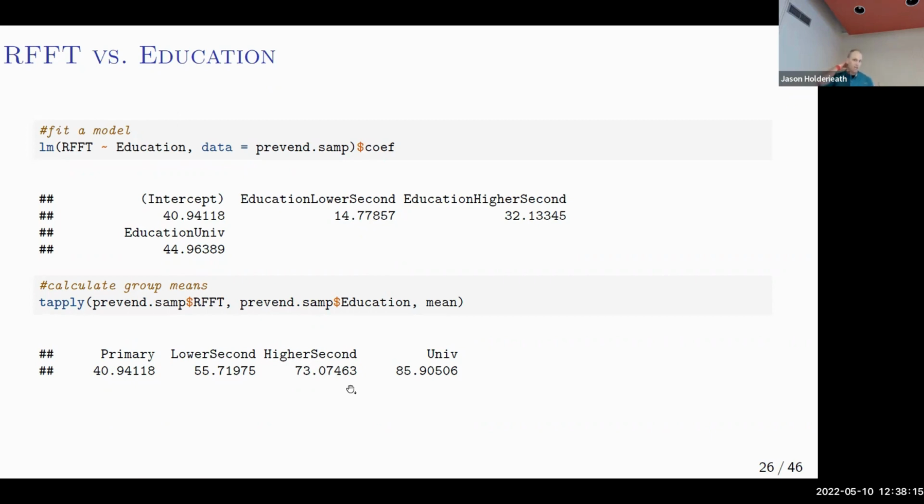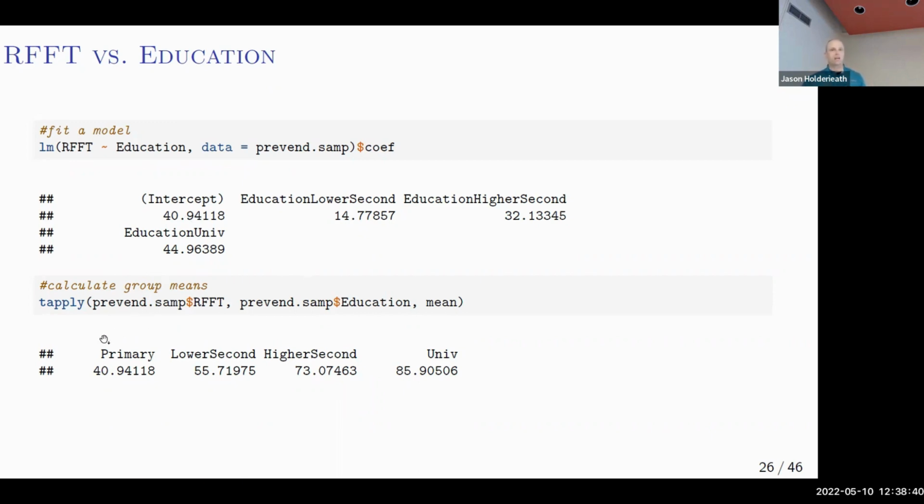Okay, so those are the means for each of those groups of education. Maybe what we should be doing now, if we wanted to have a linear model, we could fit that so that we have our intercept. Okay, that's our lower mean. And what we're going to do is leave out the primary. We're going to say our primary is our base.